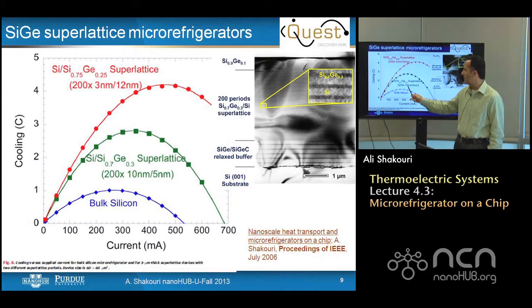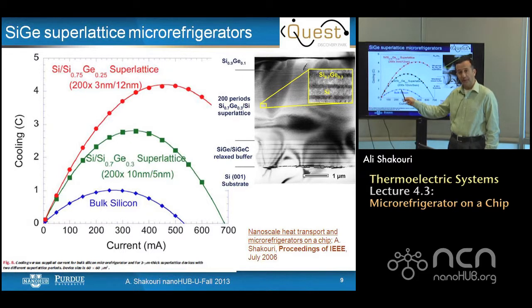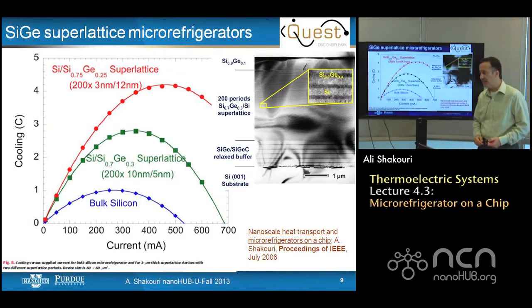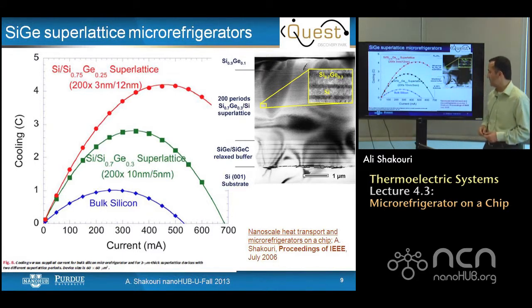Another case has different layer thicknesses with 30% germanium and a bulk silicon. With bulk silicon, you can already get 1 degree cooling. That's the thermoelectric cooling of silicon. By making a superlattice, you can improve that by a factor of 4, to about 4 degrees at room temperature.